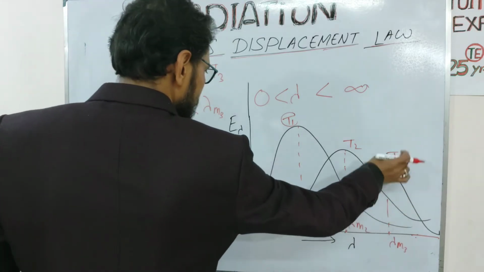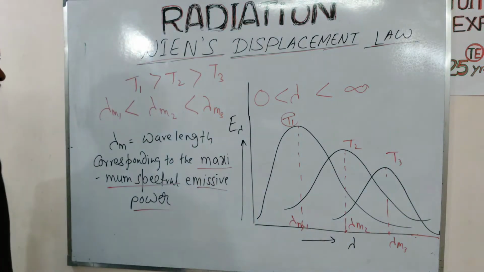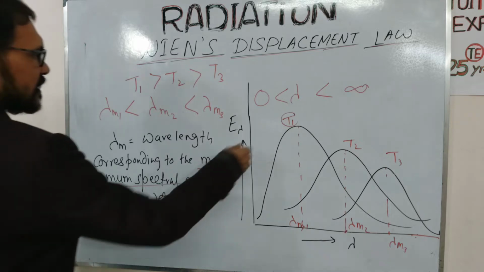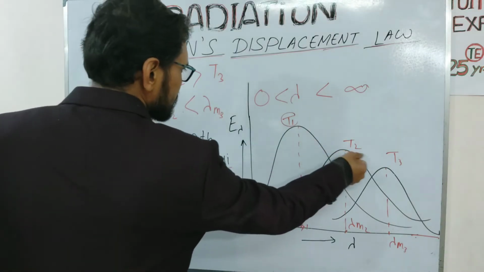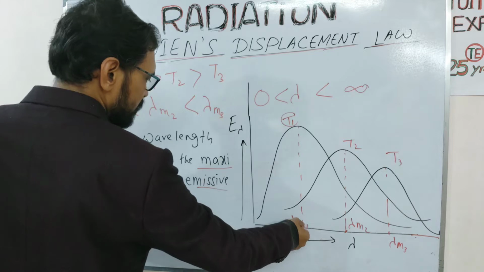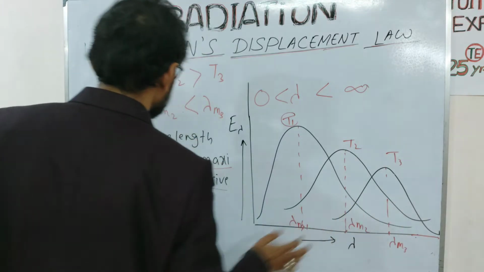Similarly, this is at temperature T3. So if T1 is greater than T2, this temperature is more, so this wavelength becomes less than this, less than this.